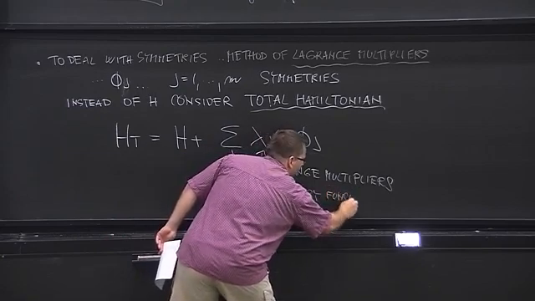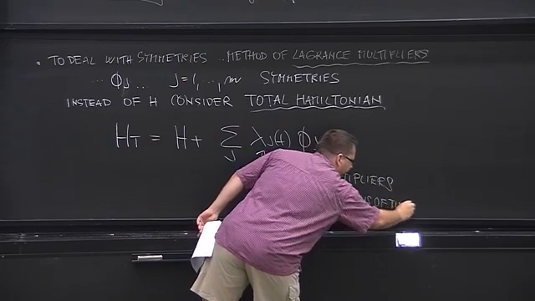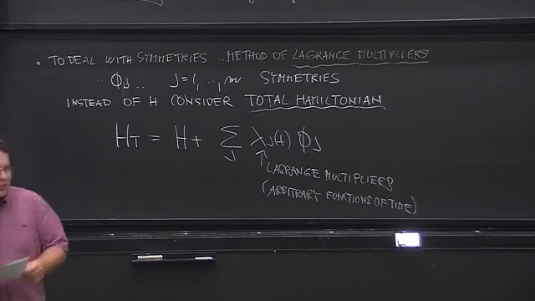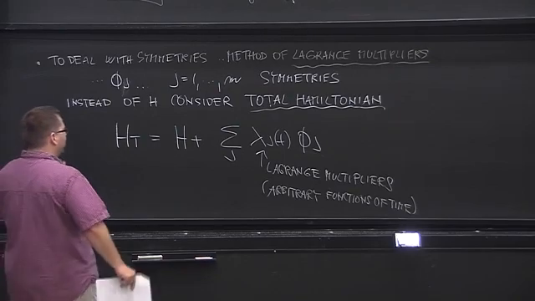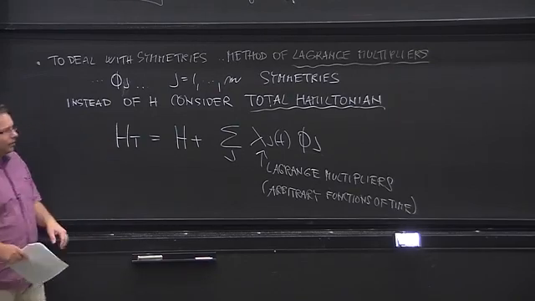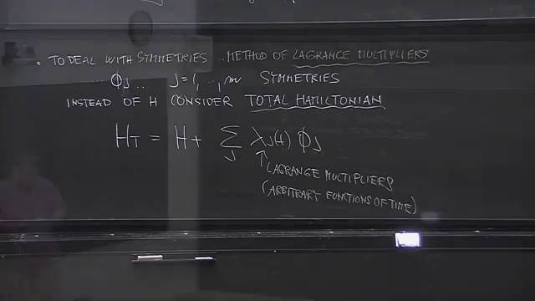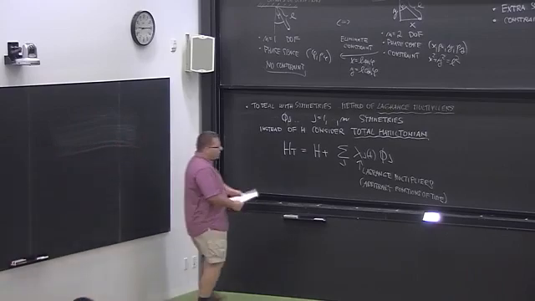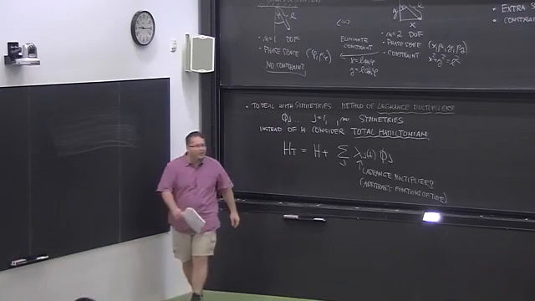And that's it, that's the prescription. If I want to solve a system with symmetries, this is my Hamiltonian now, and I write down the canonical equations with respect to this new Hamiltonian. Who hasn't seen Lagrange multipliers? Everybody has, so that's perfect.